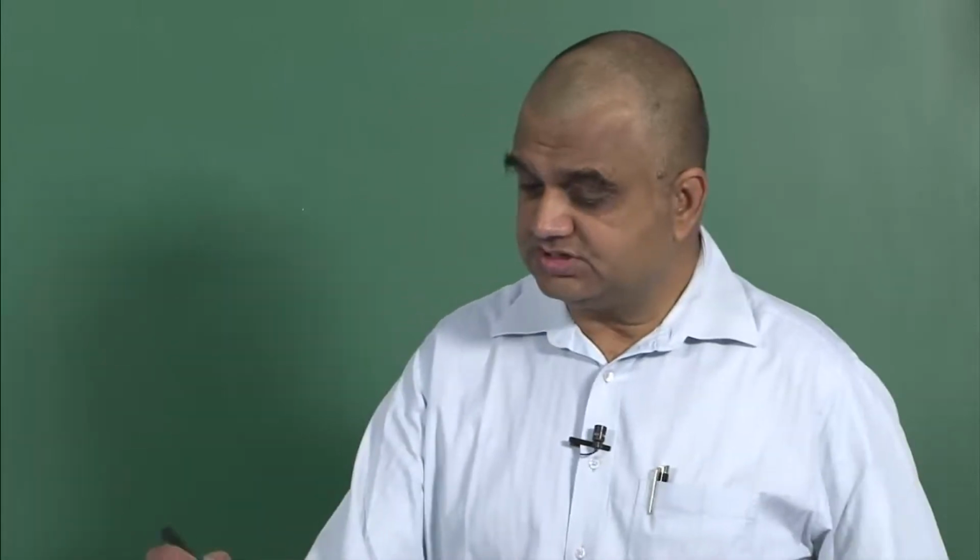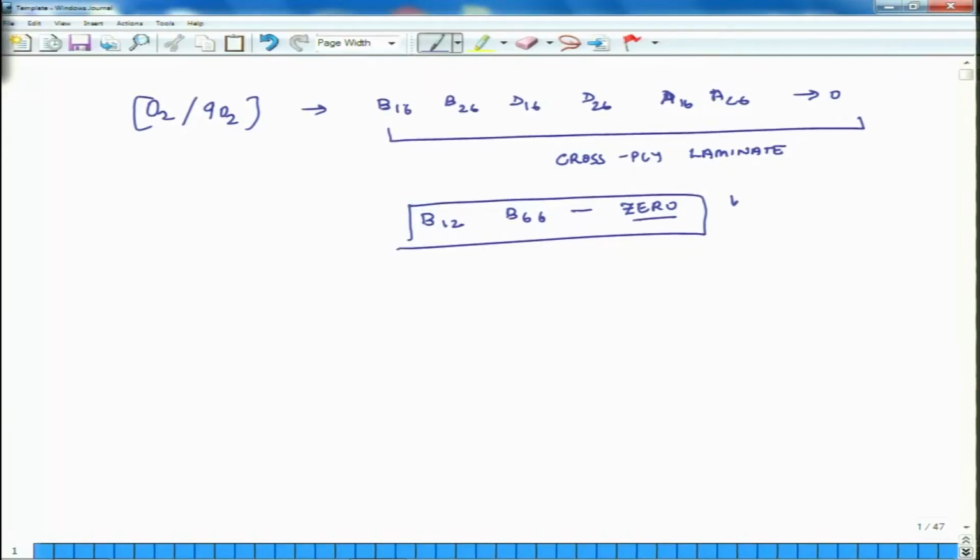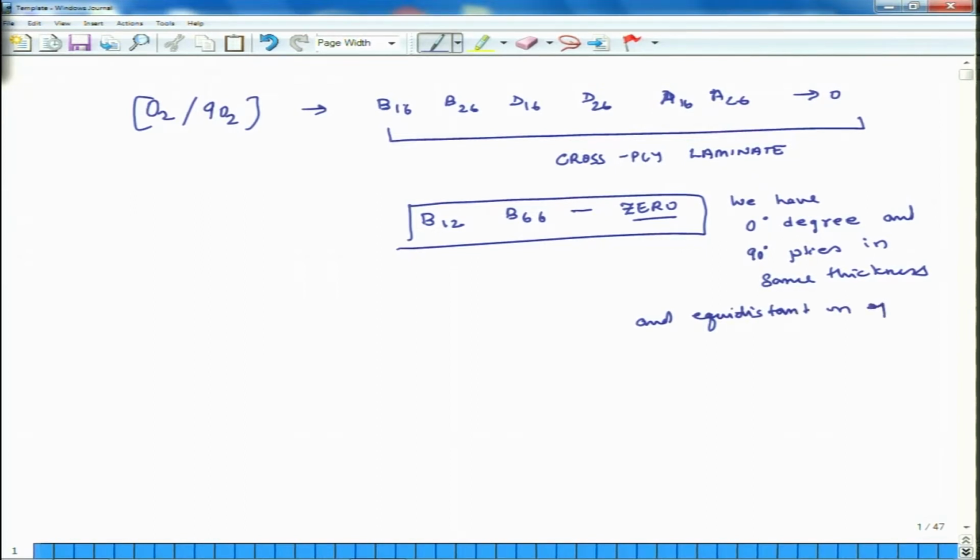So, let me explain. This is 0 because we have 0 degree plies and 90 degree plies in the same thickness and equidistant on opposite sides of the mid plane.